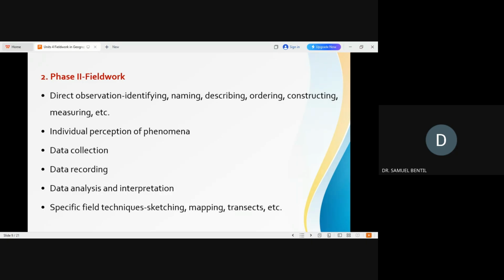Then data analysis and interpretation. Then we have specific field techniques like sketching, mapping, transect. All these are things that you'll be doing on the field. So if you want to integrate field work, these are things that you must be guided by, that you must plan before you can decide that, okay, this week we are going for field work.